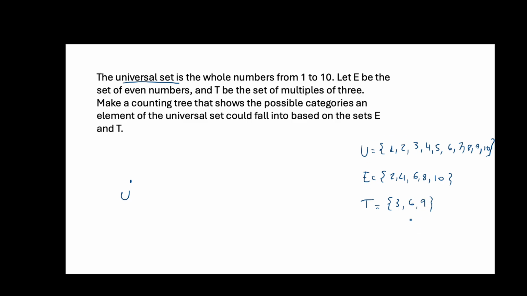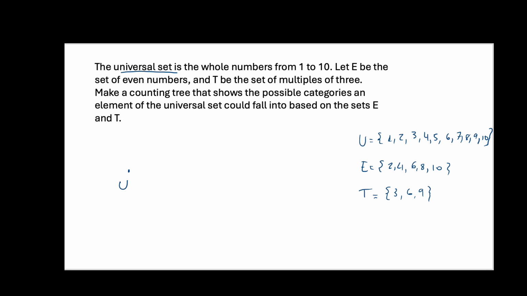Now make a counting tree that shows the possible categories that the numbers can have. It's a counting tree, so the structure is always like this. You first branch on a first decision regarding a set.